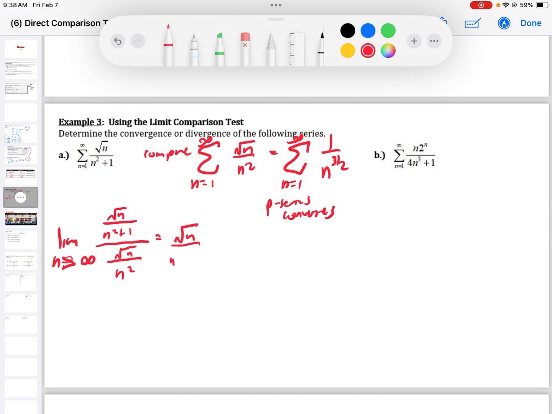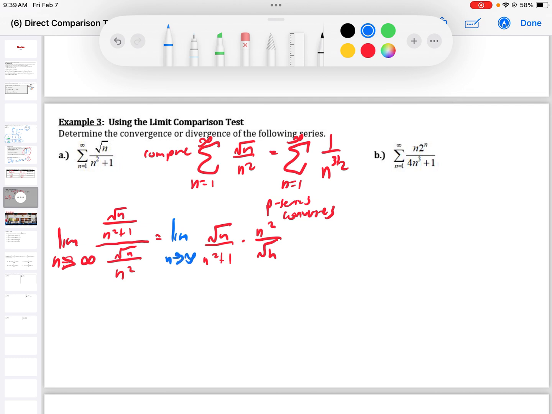So that's square root of n over n squared plus 1 times n squared over square root of n. And then some L'Hopital's, oh no, this is some bad notation. I need to say this is equal to the limit as n goes to infinity.